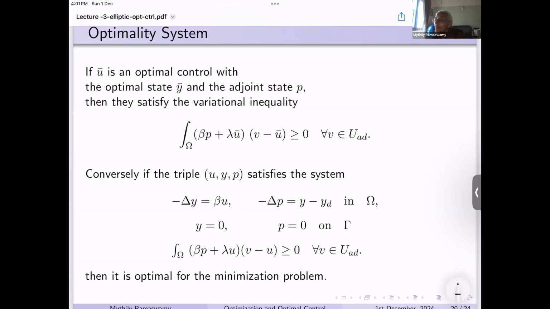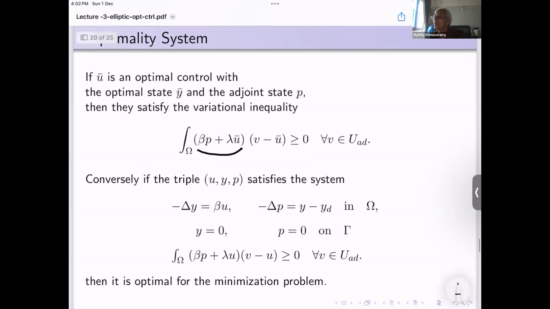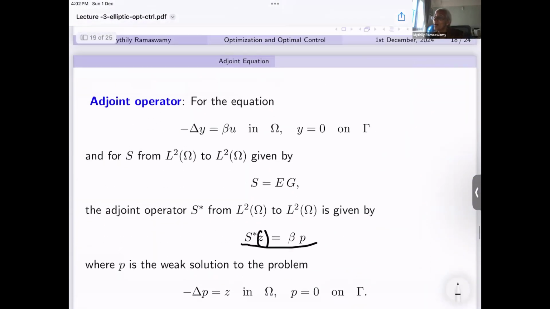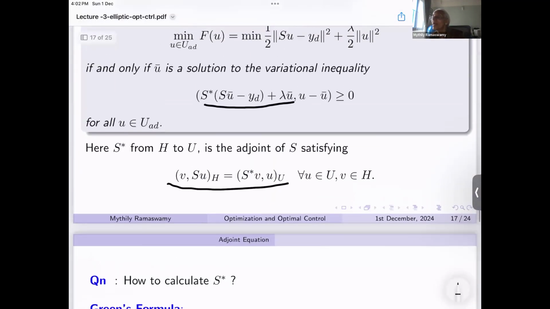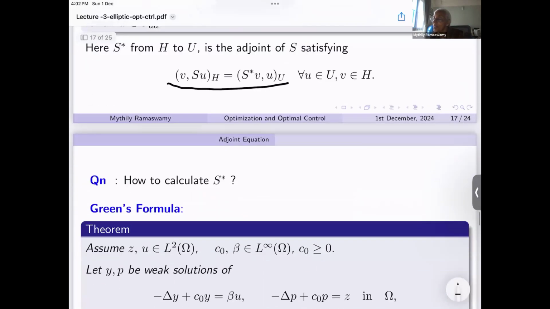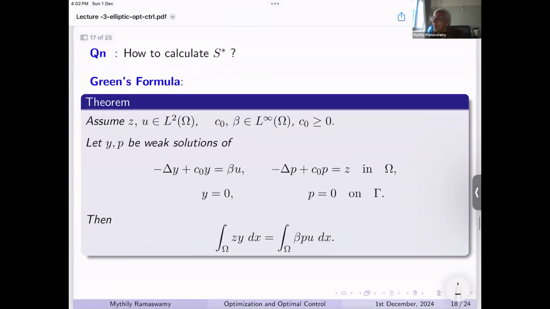Now, why did we get this? Because this is precisely the derivative that is computed. What is the derivative? I recall to you the derivative was S star acting on SU minus YD. S star, I told you what is the S star we computed here. S star was like this.